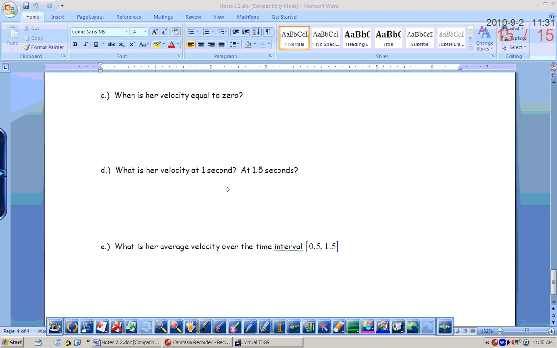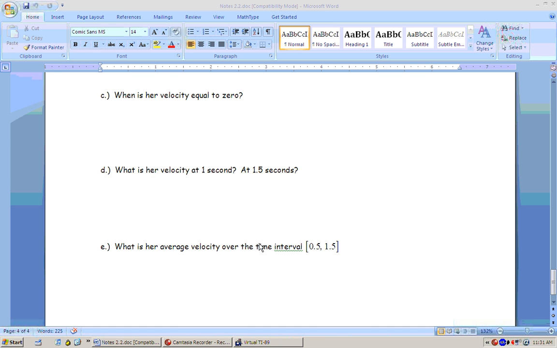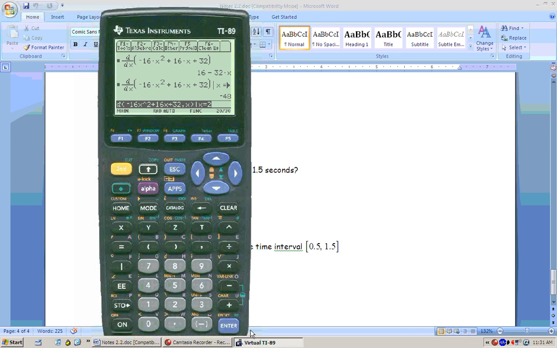Let's see, what is her velocity at 1 second? How do I find that? Right, v of 1. And at 1.5 seconds, do that. So you can either plug it in by hand, or you can go back to your calculator. I already have in my calculator, take the derivative of the position function, and I'm going to change it to take the derivative and find when x is 1. So that's negative 16.